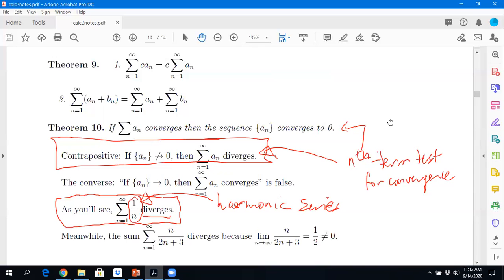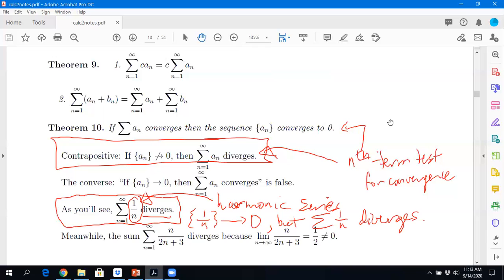What do they go to? The terms go to zero, and yet the series does what? Diverges, okay? The sequence of terms, 1 over n, goes to zero, but the sum of 1 over n diverges.